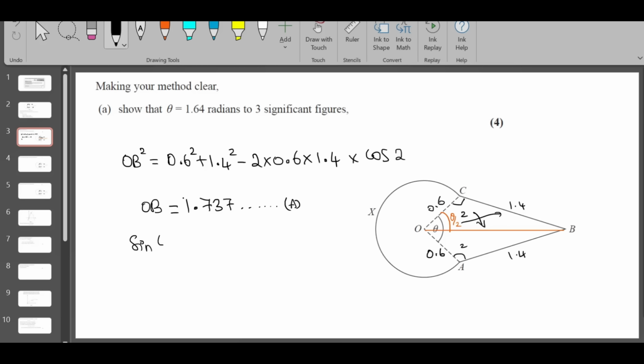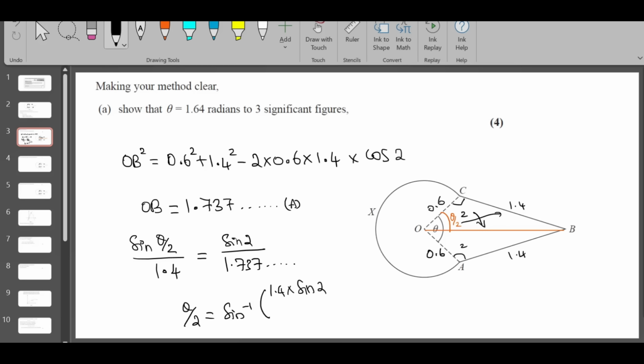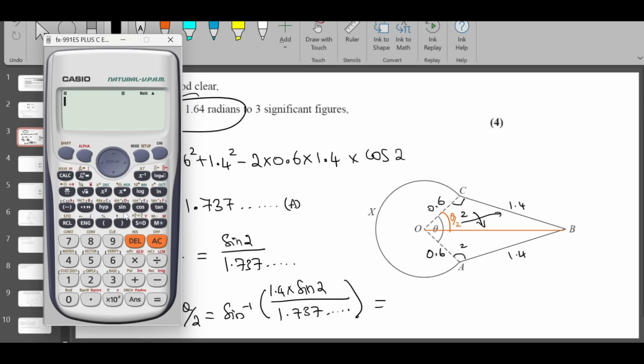Sine theta over 2 over 1.4 is equal to sine 2 over 1.737, etc. Theta over 2 is sine inverse of 1.4 times sine 2 divided by 1.737, etc. I have stored the value as A. You will get 0.822.